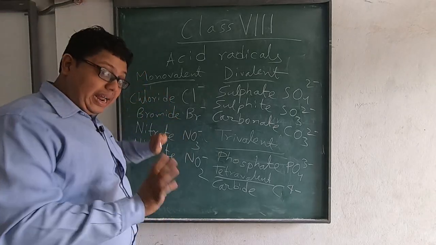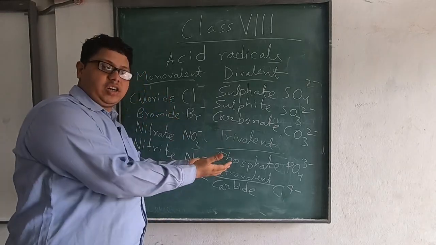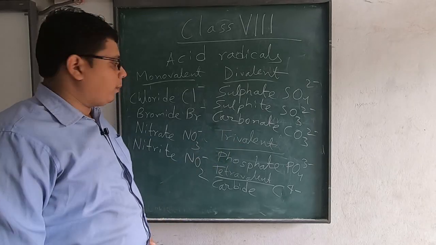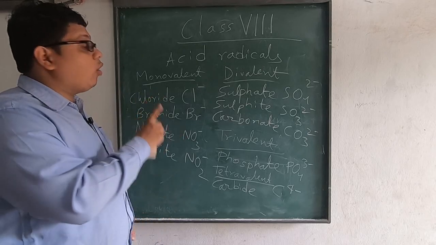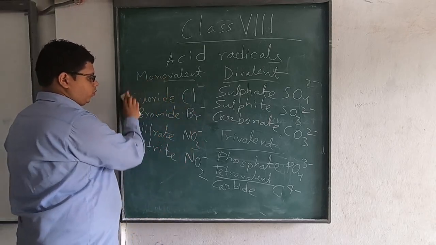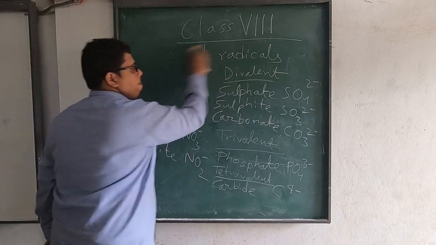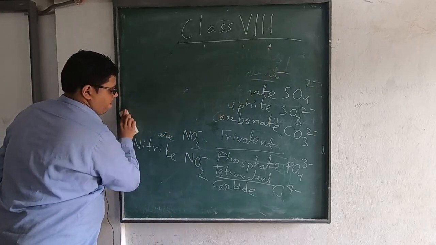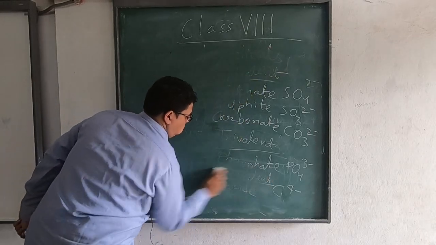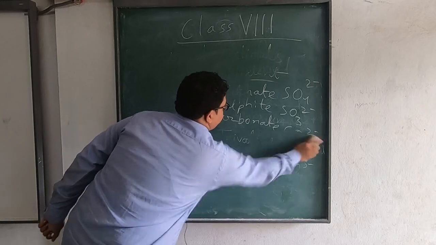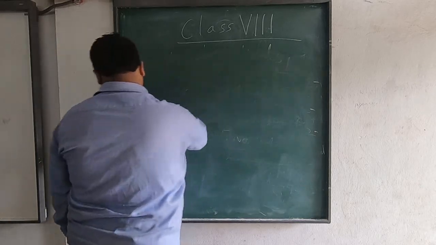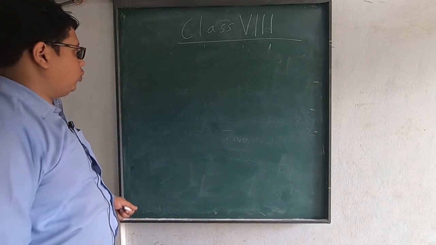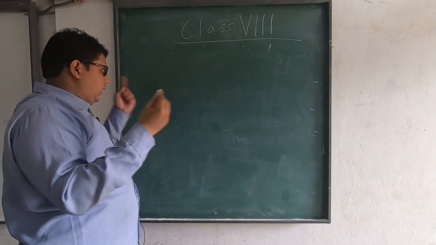So let's now learn how to use the chart. Learning the chart is up to you, but now you have to understand how to use the chart. Let's see. So you will be given a name, okay?